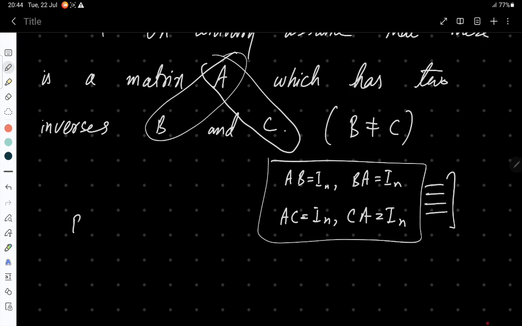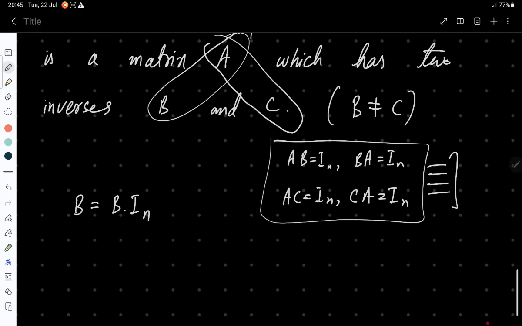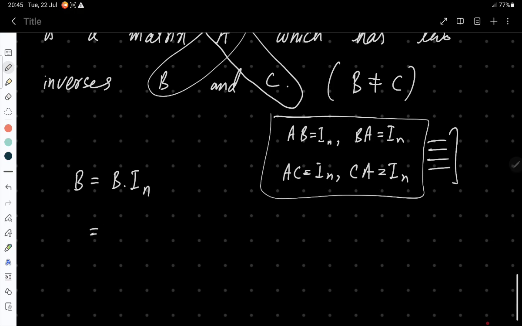Let's find B. What is B here? I can write B is equal to B times identity. And from here, this identity is equal to A times C. So I can write either A times C or C times A. I'm writing this identity equals A times C, so in place of identity, I'm writing A times C here.